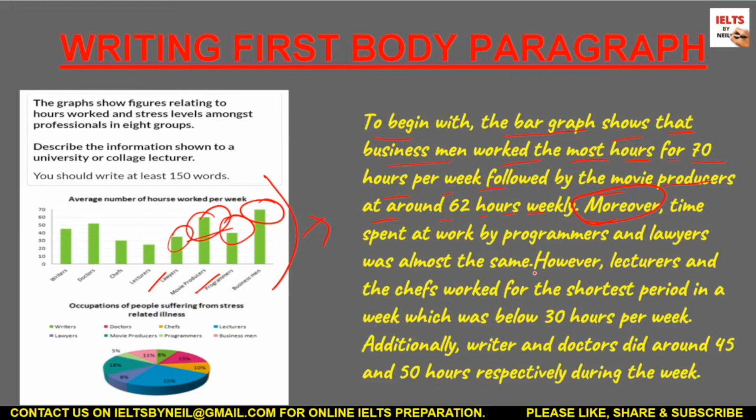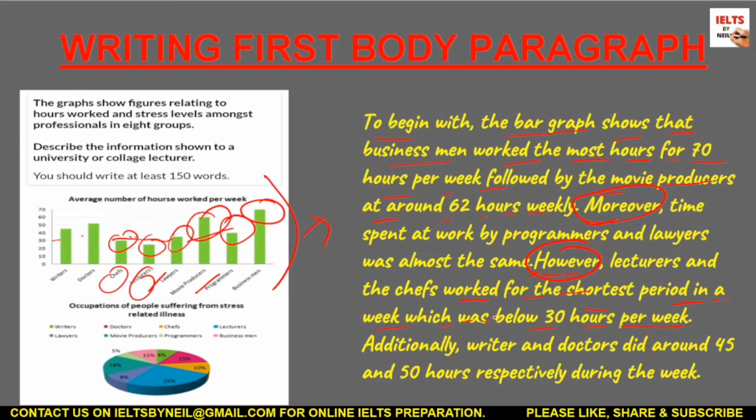Now, next sentence from here, again a link word. However, lecturers and chefs worked for the shortest period in a week, which was below 30 hours per week. Lecturers and chefs, this one here, and they worked actually, if you have a look, below 30 hours. Okay, so then they were the shortest working professionals.